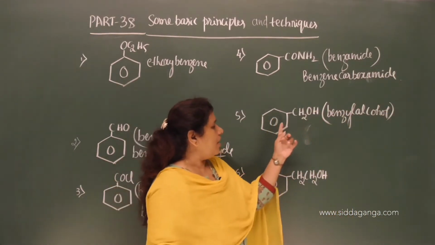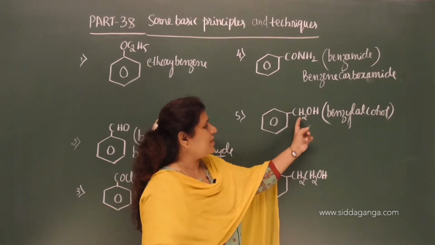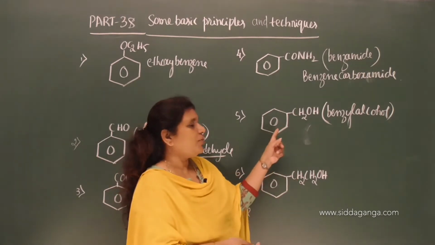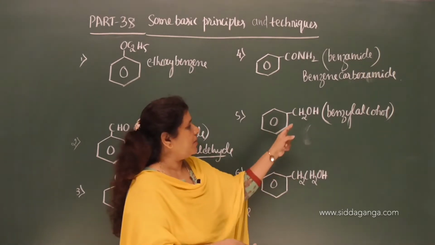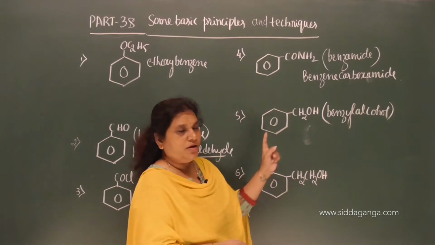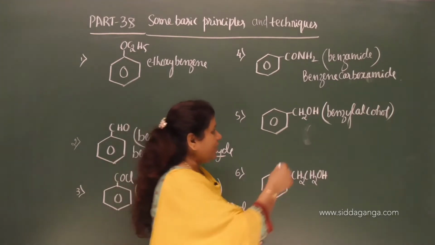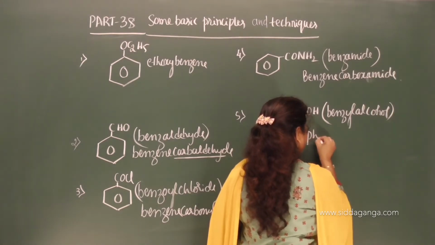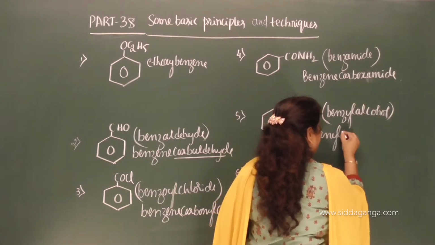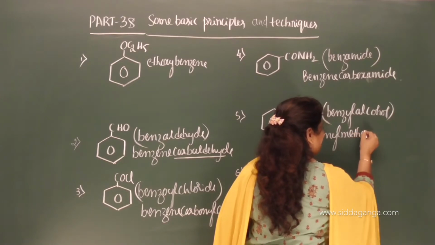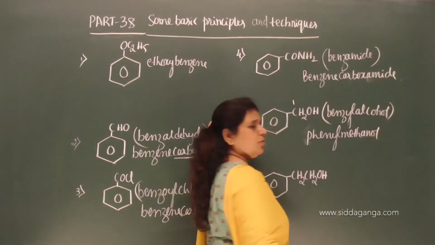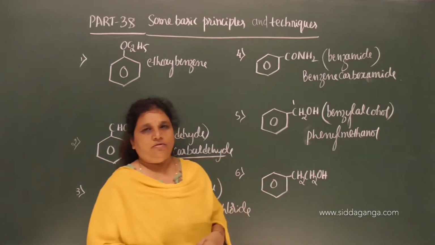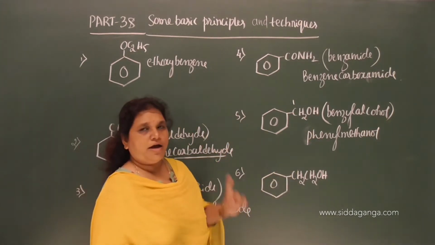The IUPAC name is aryl substituted CH3OH, that is methanol, substituted methanol. What substituted methanol? Aryl substituted. What is the name of the aryl group? Phenyl group, that is on the first carbon. Therefore, 1-phenyl methanol. I ignored the locant 1 here, and hence phenyl methanol is the IUPAC name.